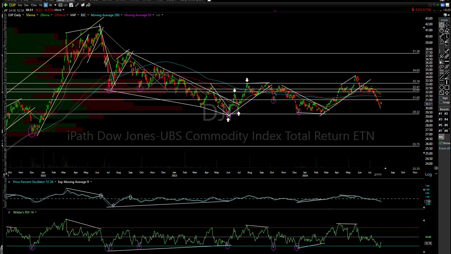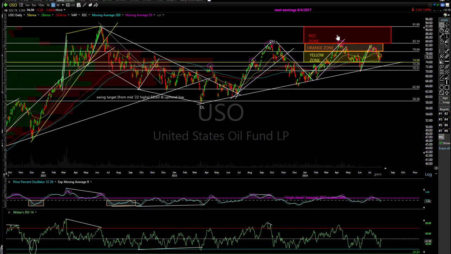And now we're seeing crude, as you can see here, which is one of the bigger components. Crude's still very much elevated.